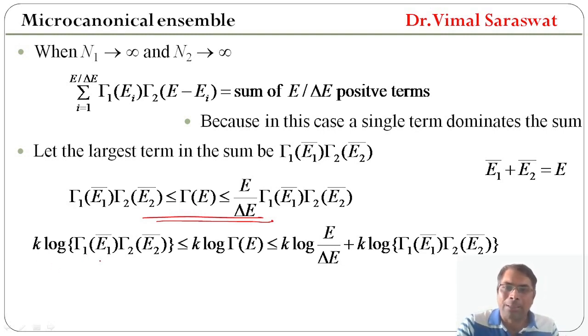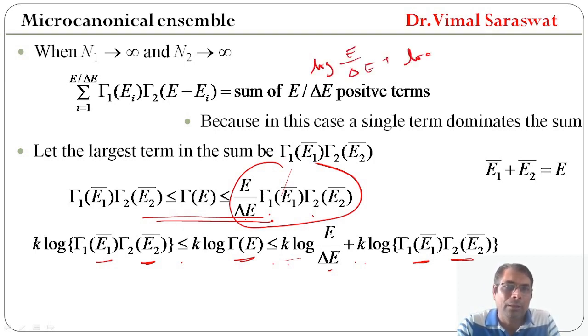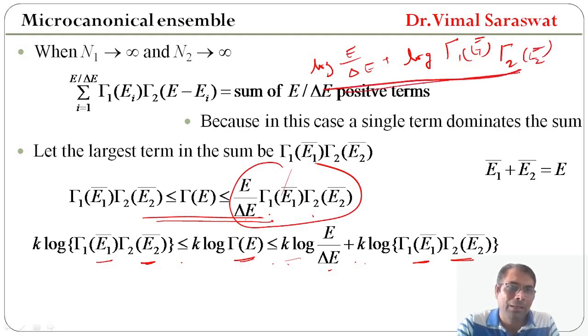So k log gamma 1 E1 bar, gamma 2 E2 bar is less than or equal to k log gamma E, which is less than or equal to k log E upon delta E plus k log gamma 1 E1 bar, gamma 2 E2 bar, because the log of this term will be log of E upon delta E plus log of gamma 1 E1 bar, gamma 2 E2 bar, and since we multiply with k, we get this relation.